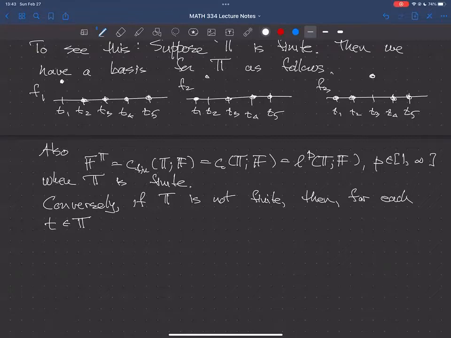Because the time domain is discrete and not finite. Okay, so it's infinite. So that means that it's countable.